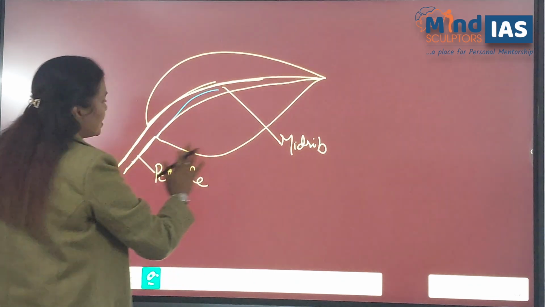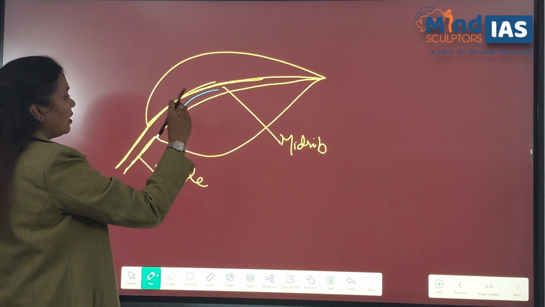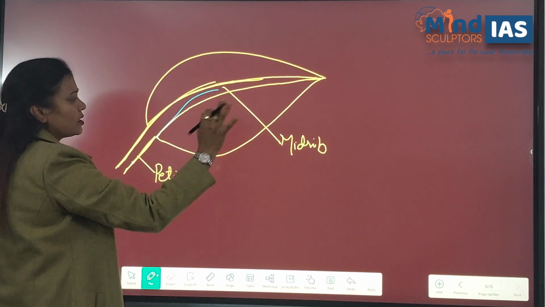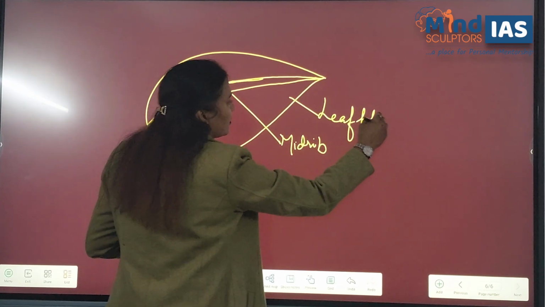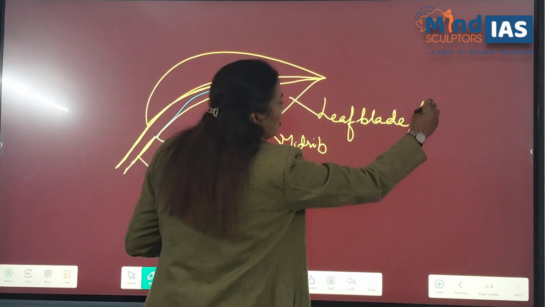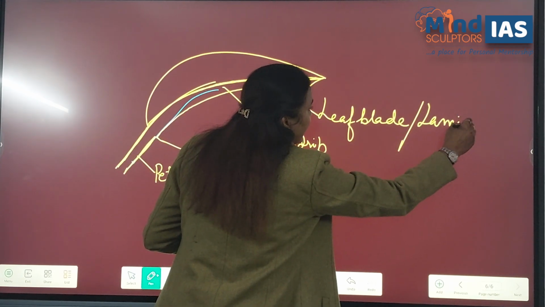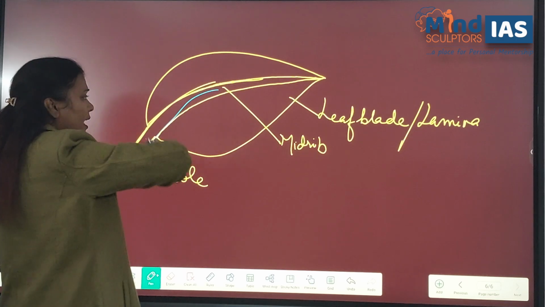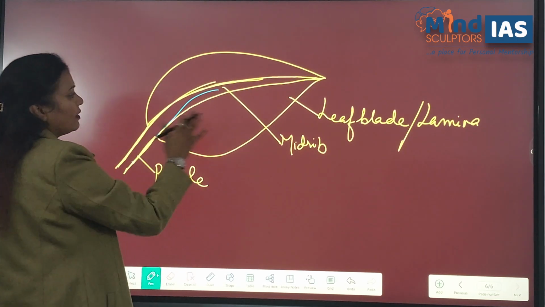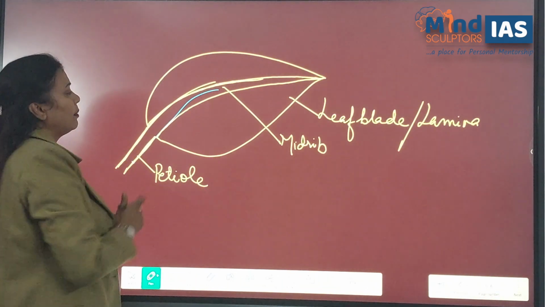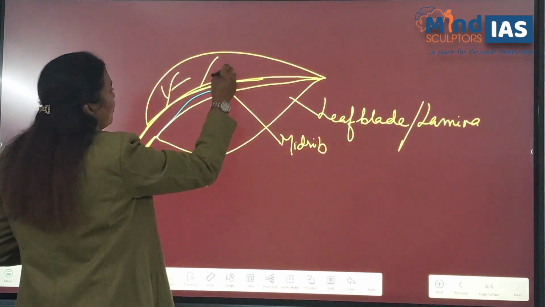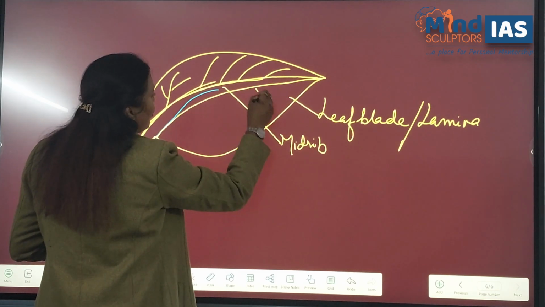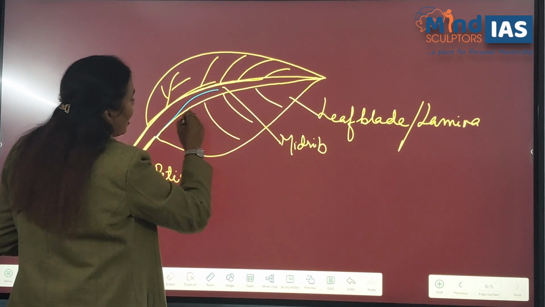The entire surface area of the leaf where this midrib and other structures are present is called the leaf blade, or you can also call it the lamina. Now from this midrib region, you can see these kinds of branches coming out.